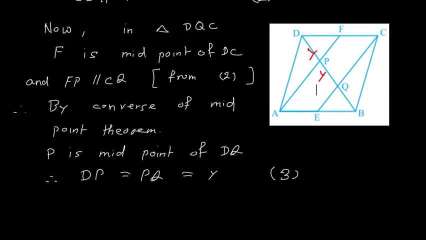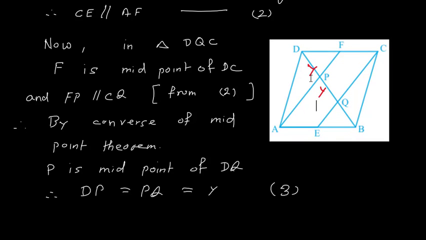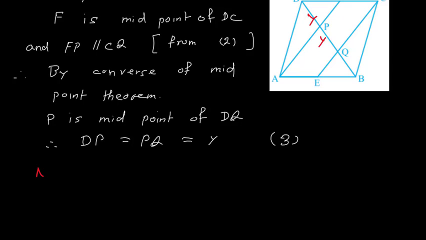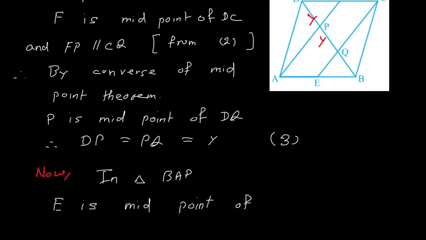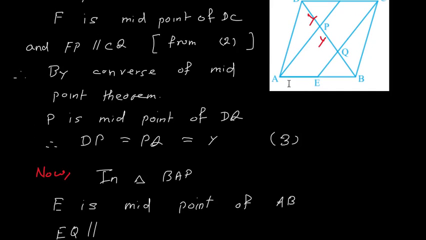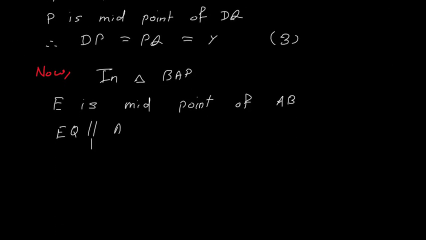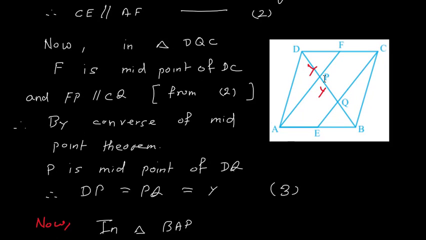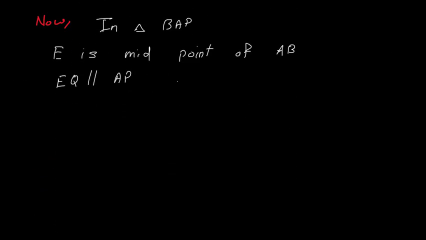Now we will take triangle BAP. Now in triangle BAP, we have E is the midpoint of AB, and EQ is parallel to AP. This is also from 2.